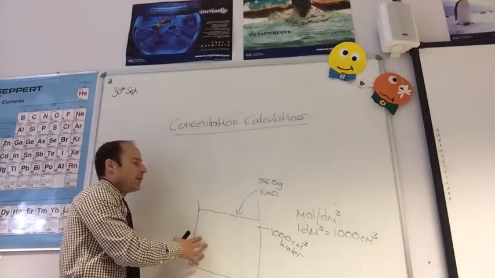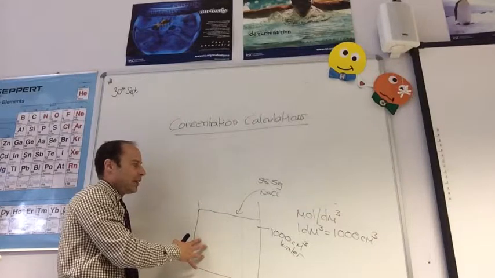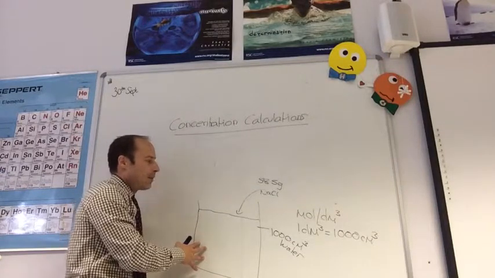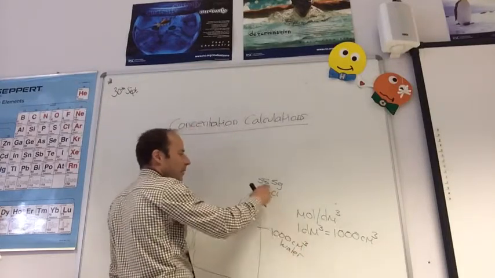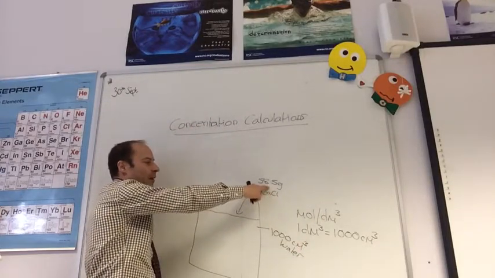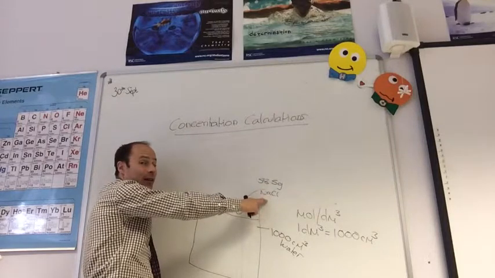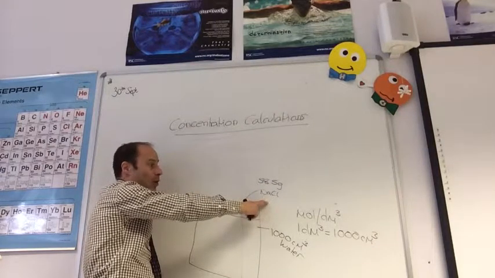I need to convert. How would I work out the concentration of that? Well, 1,000 centimeters cubed is a decimeter cubed. I've got 58.5 grams of sodium chloride, so I need to convert that to moles.